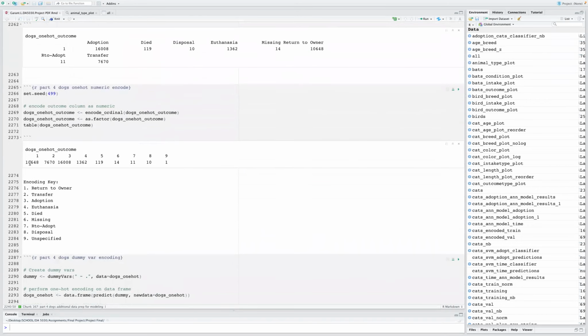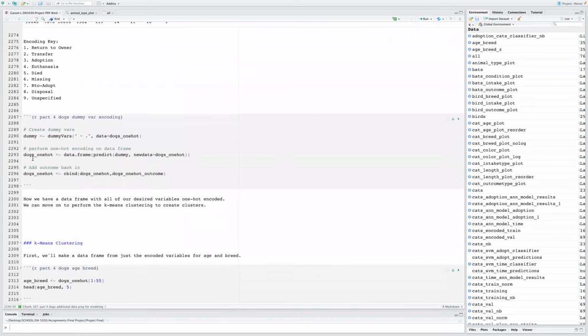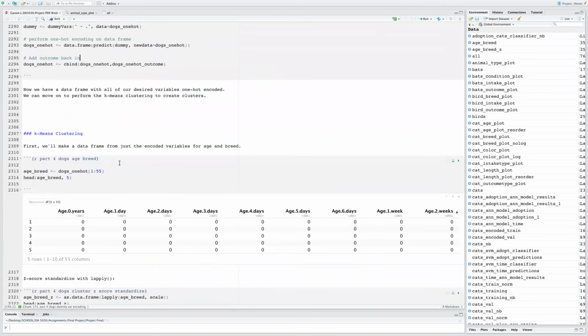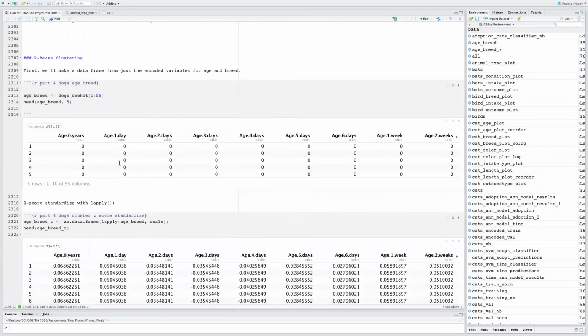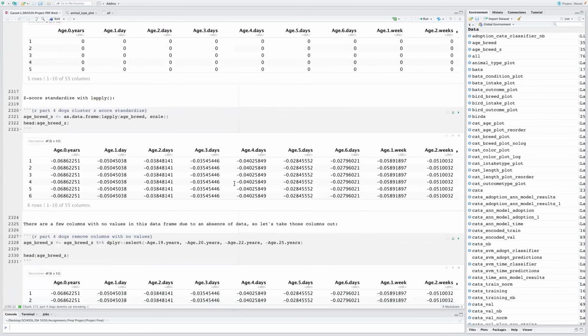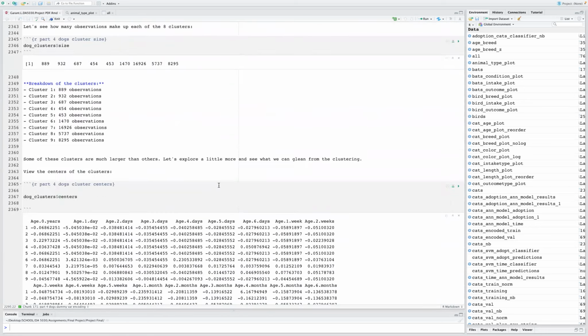Then I encoded the outcomes, created the dummy variables for those, and built a k-means clustering model. I used 9 clusters because there were 9 levels in the outcomes variable, so I figured one cluster for each level. Let's just run that and see what that looks like.